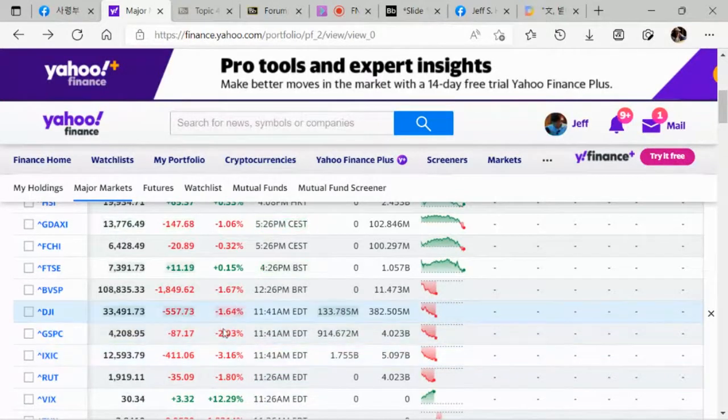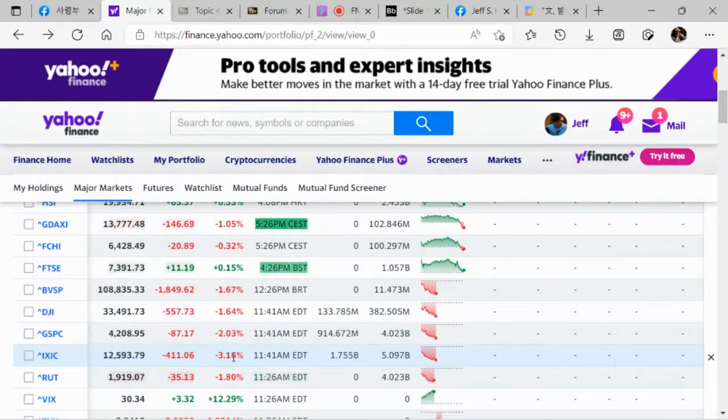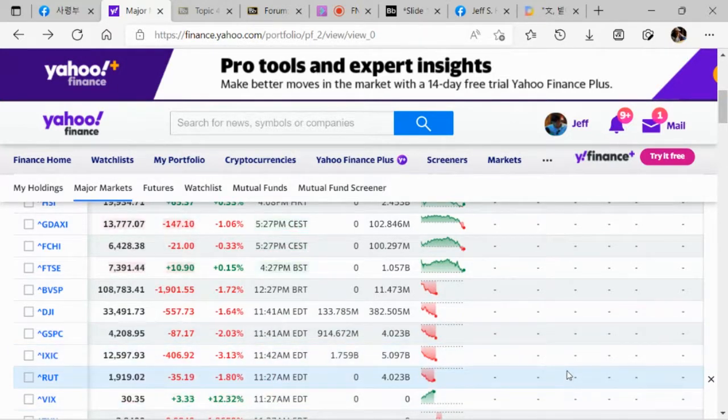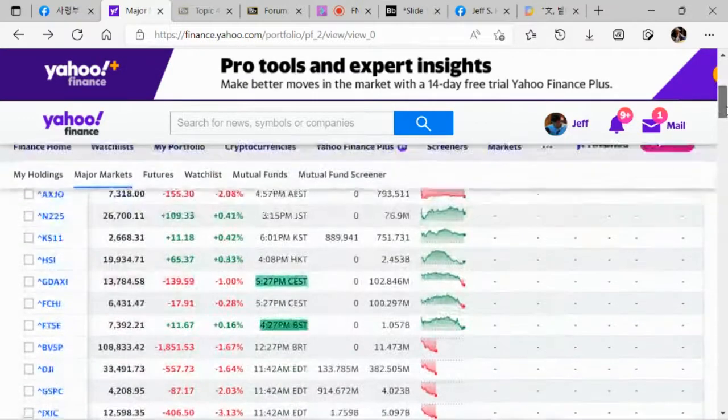In the US market, NASDAQ lost 3 points. I'm heavily invested in NASDAQ, and from the highest point, I've lost about 11%. The highest point was sometime around November or December of last year, and since then I've lost almost 11%. This is crazy. But anyway, you can look up the prices.